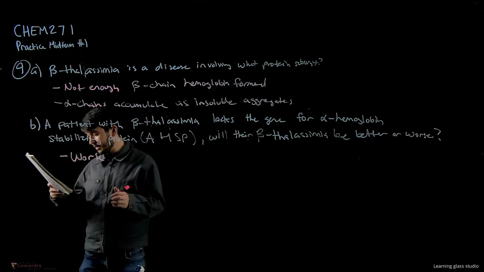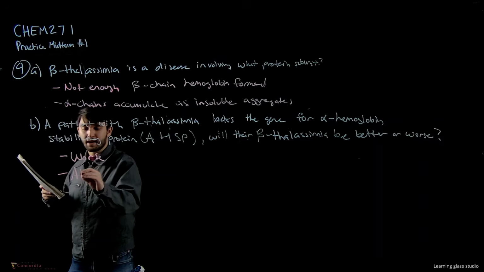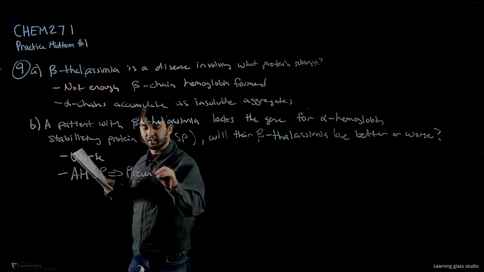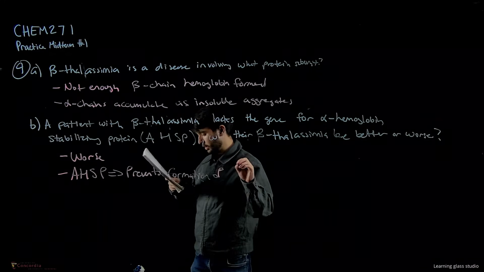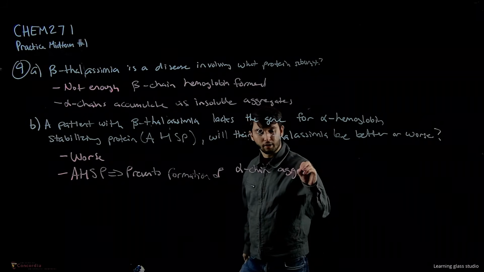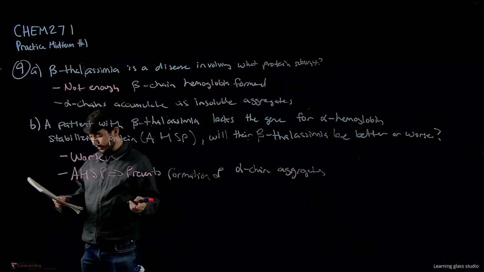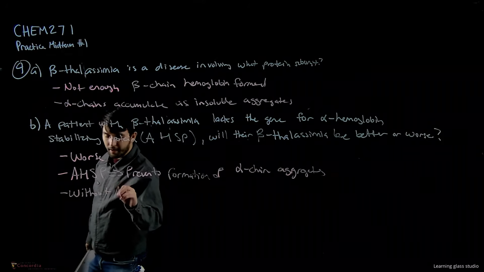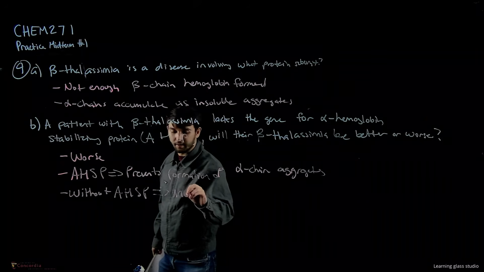But without it, this means there are more aggregates. So AHSP prevents formation of alpha chain aggregates. So without AHSP, more aggregates form.